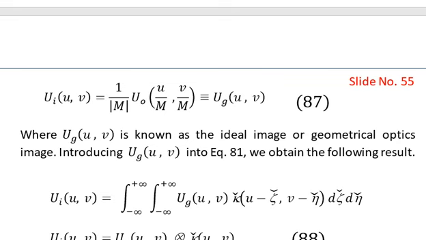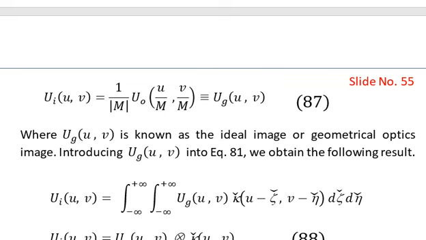You know that we can set this term, that is 1 over the absolute value of M times u_0 of u over capital M comma v over capital M, equal to u_g of u comma v, and u_g stands for the ideal image or the geometrical optics image, because we have assumed that kappa is very sharp.